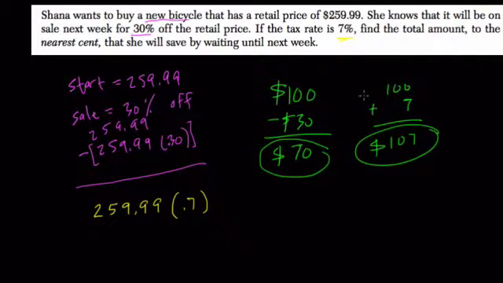So that's kind of the reverse of the problem of this example here. When you lost 30%, you had 70% of your original value. When you gain 7%, you have 107% of your original value. So that means we can multiply by 1.07, which represents 107%.